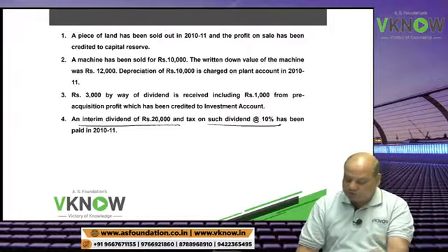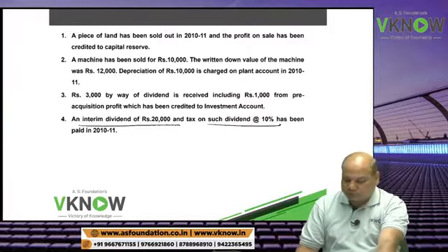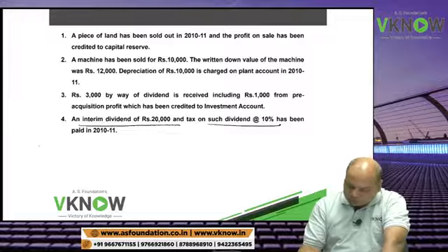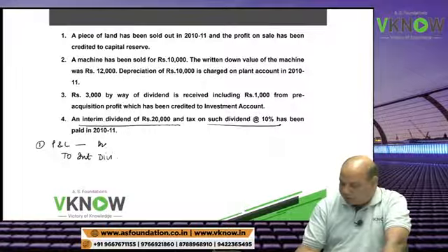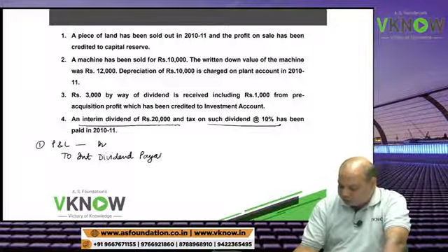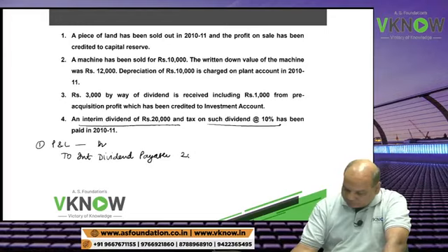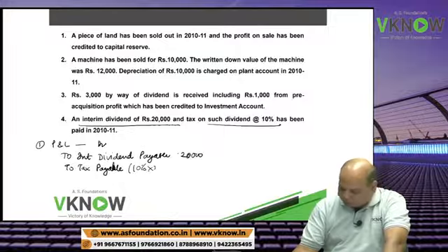So listen to me, there will be two entries for this. First entry will be P&L account debit. We have to create a liability to interim dividend payable 20,000 and to tax payable on interim dividend 10% of 20,000.